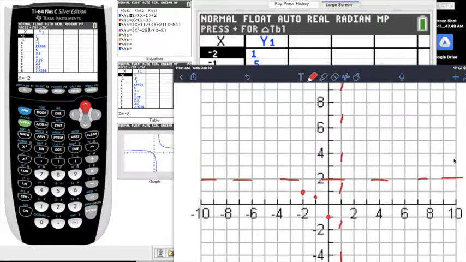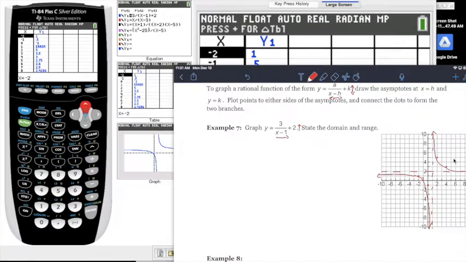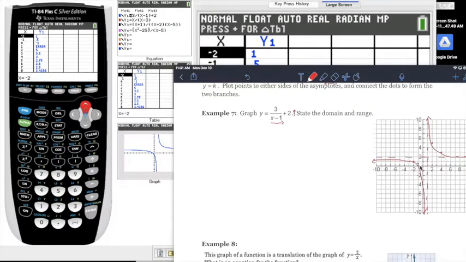Yep, (2, 5). There's a point. (4, 3). Another decent point, and then I would just sketch the rest. Sorry, I know this doesn't look pretty here on the iPad, but it's kind of hard to get it perfect. And there's your graph. Nice and easy there.